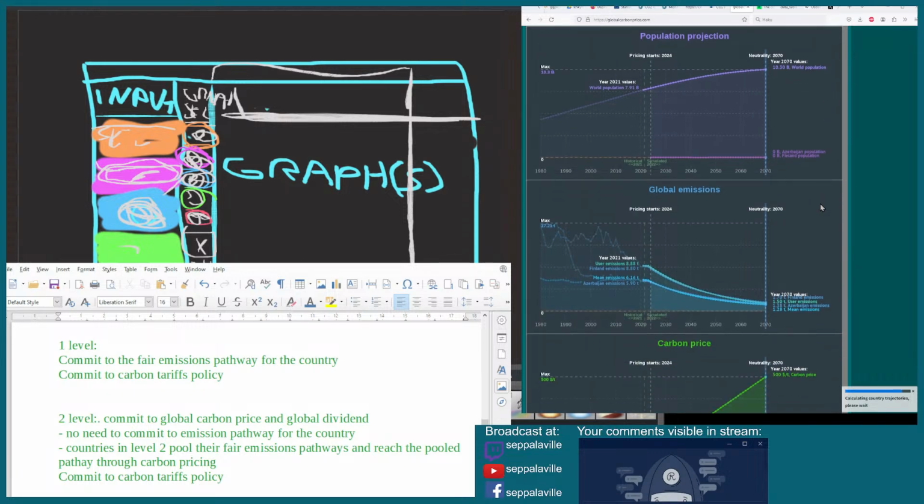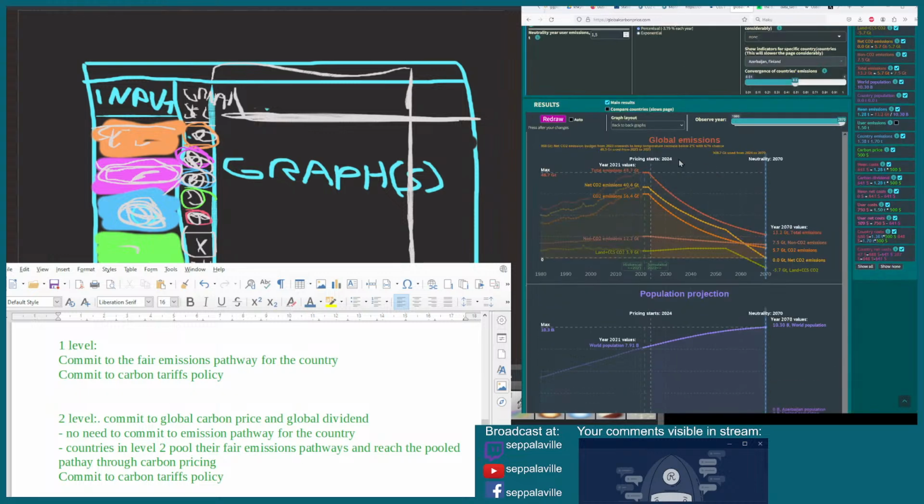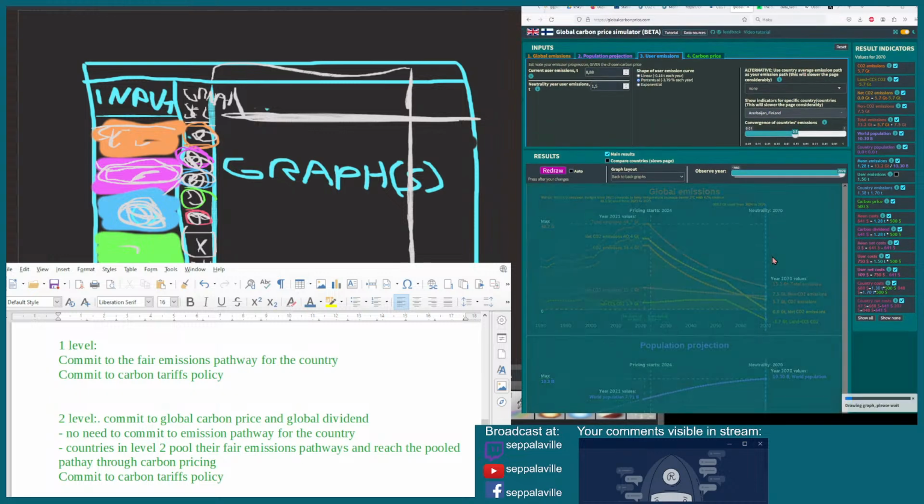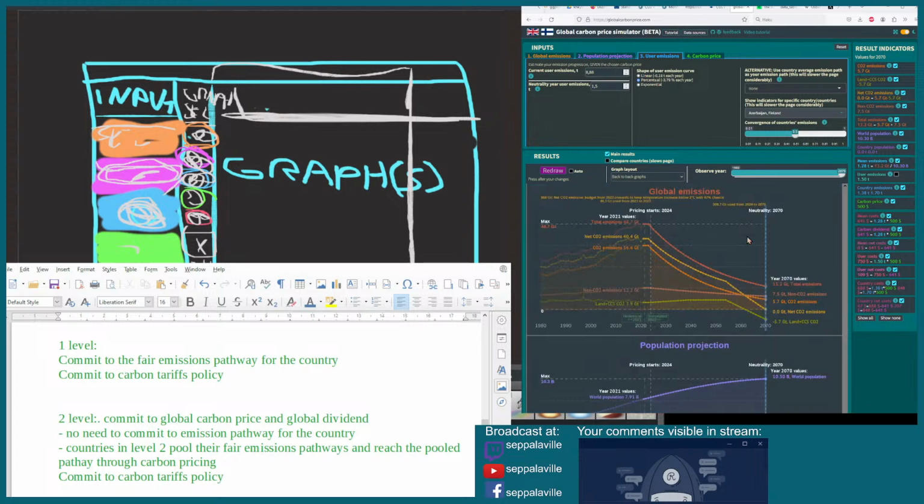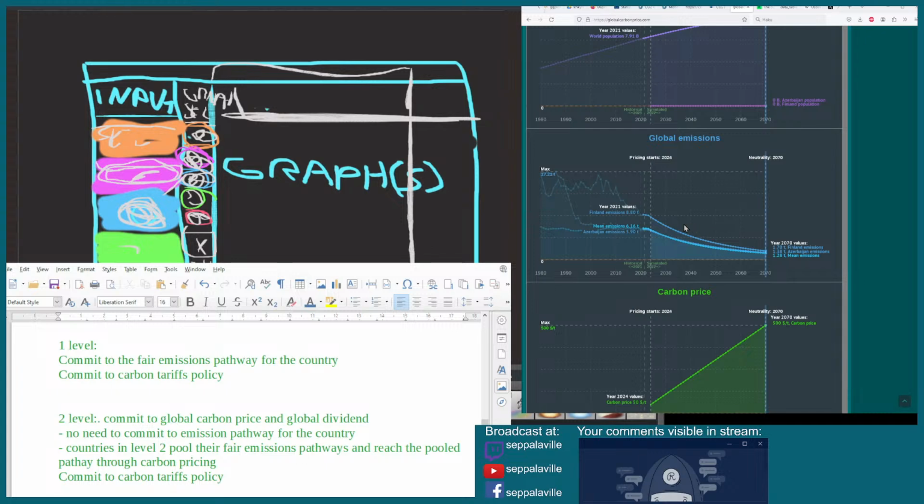Like what's the fair Finnish path, and would this be fair, this kind of climate path where Finland reduces this amount per year?